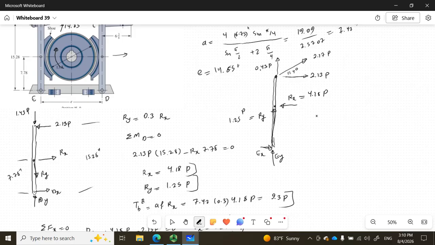So summation of forces, just let me see. They must be the same.